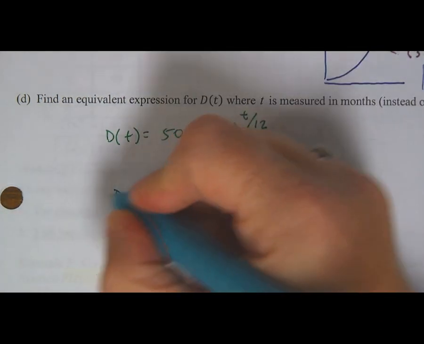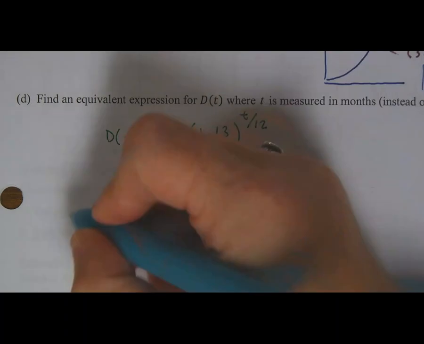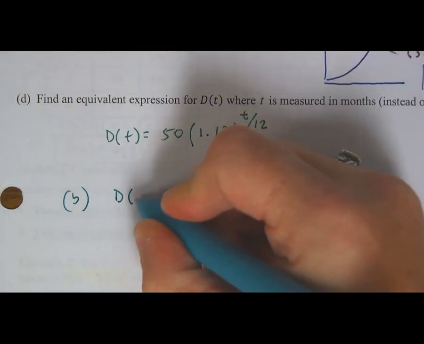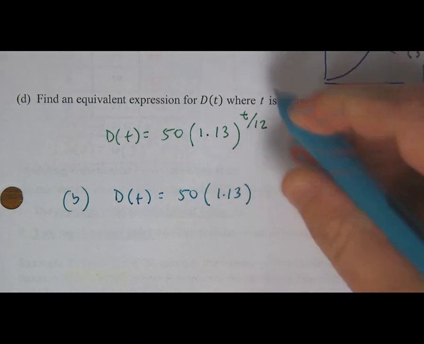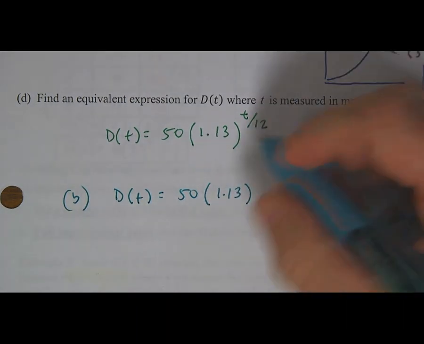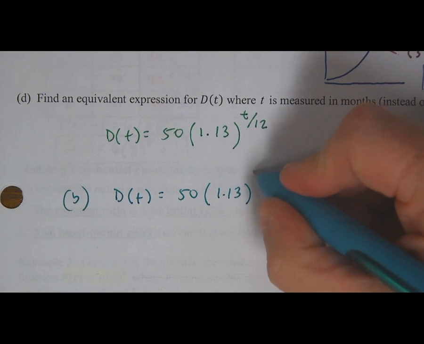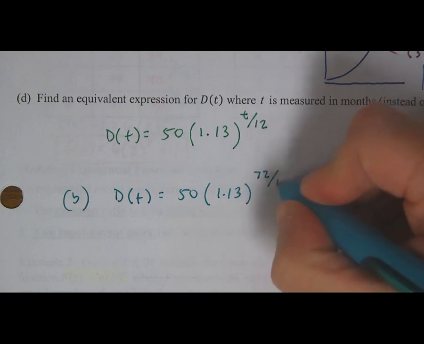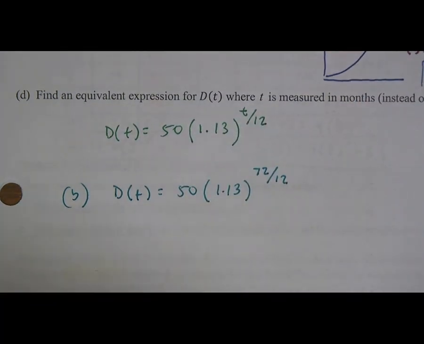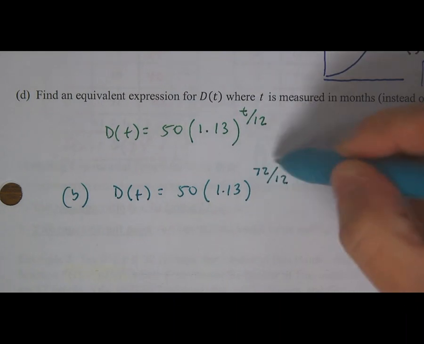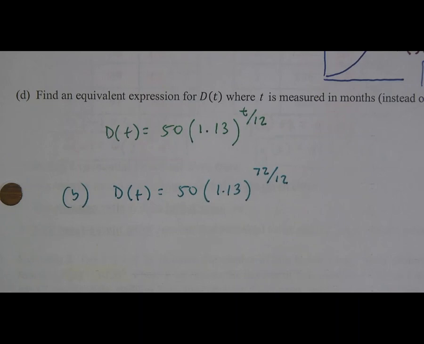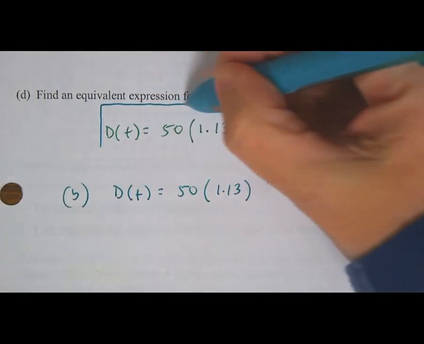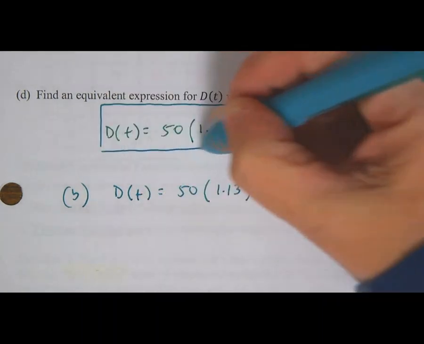So if I'm trying to do question B, 6 years, but T is now in months, so that'd be 72 months divided by 12. That's going to be the same thing as to the 6th power, so we would get the same answer that we got. I'm justifying to myself that this is correct, because for my brain, that hurts.